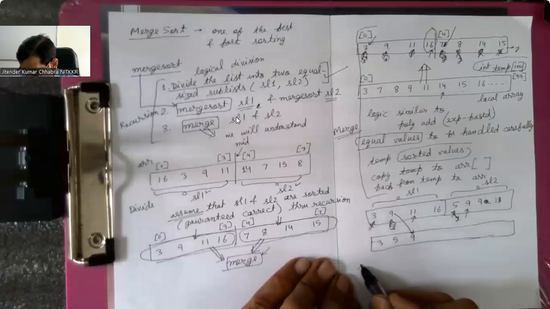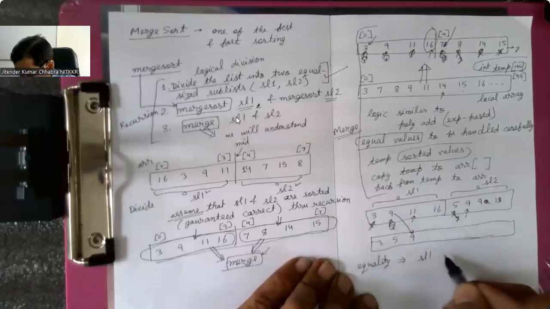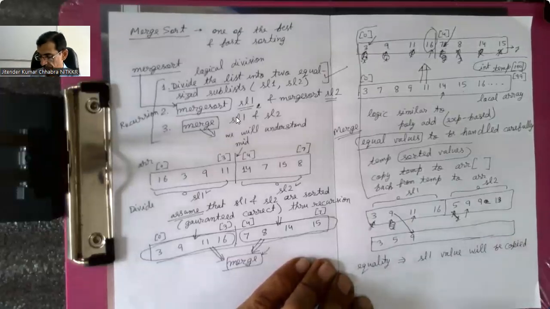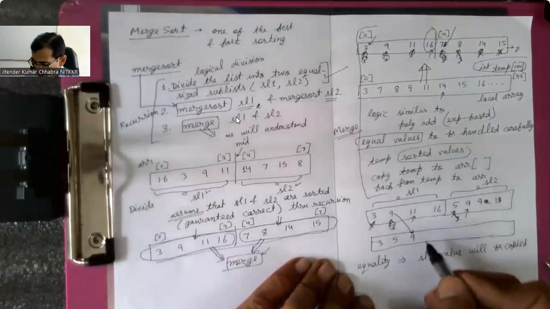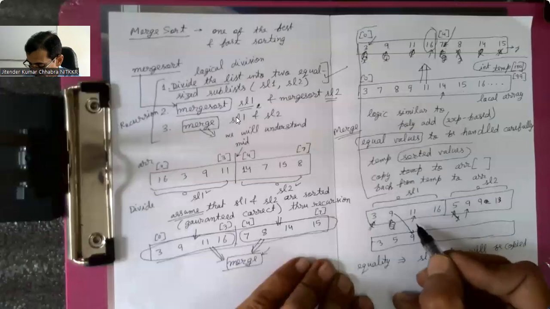So for equality, sublist 1 value will be copied in one step. Of course, all 9s will become adjacent to each other after overall merging, but this is important.